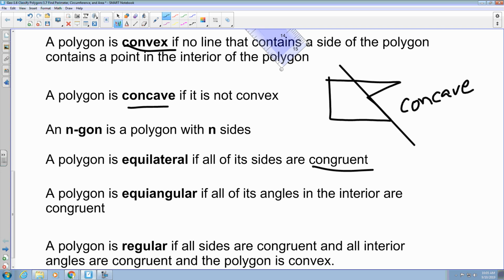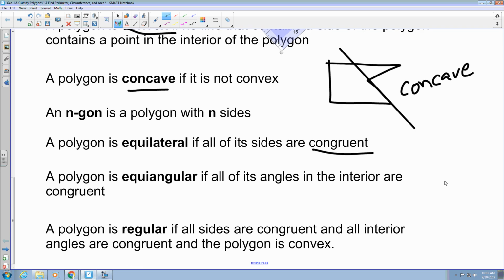Polygons that are equiangular are polygons that have all interior angles congruent. You can have polygons that are both equilateral and equiangular. They have a very specific name, and they are called regular polygons. That means all the sides are congruent and all the interior angles are congruent as well. So in order for a polygon to be a regular polygon, it must be convex.